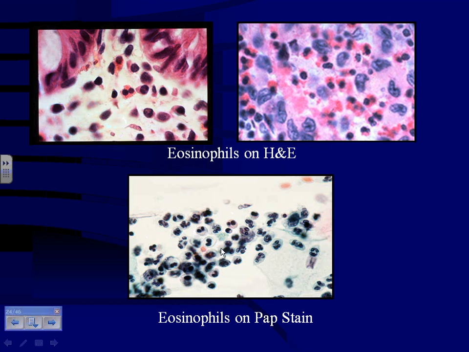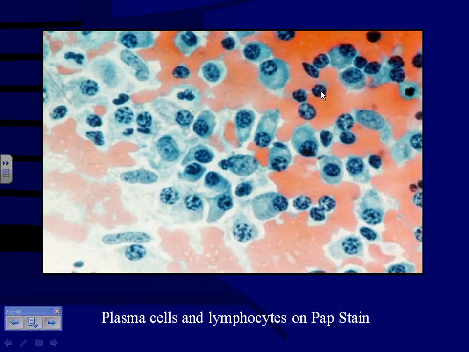But you can still tell when you have eos on a Pap stain. Like this is an eo right here. Here's one right here. Here's another one there. What you appreciate on the Pap stain is the bilobed nucleus, okay? Whereas over here on H&E, you can definitely see the eosinophilic granules here and over here. So a good example of eos.